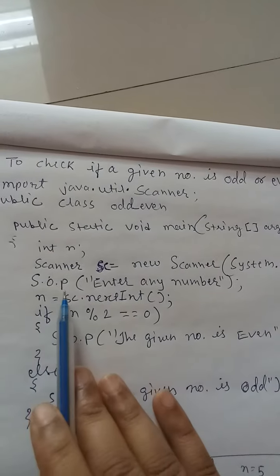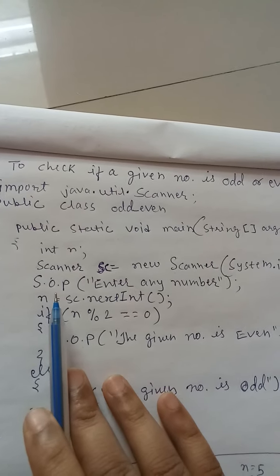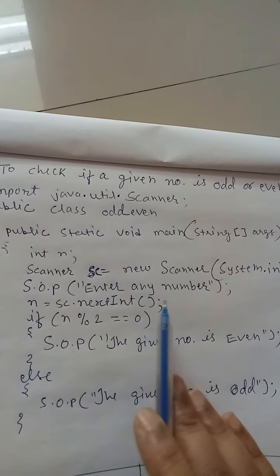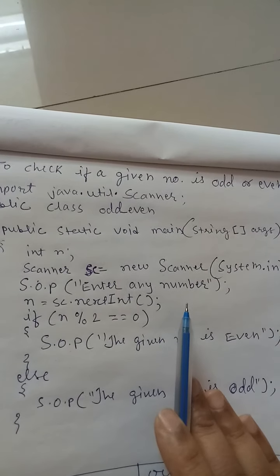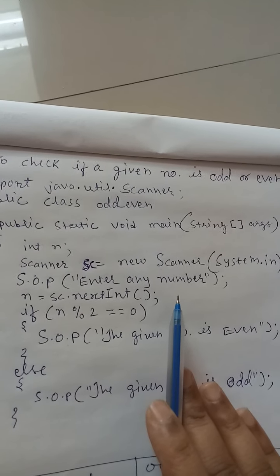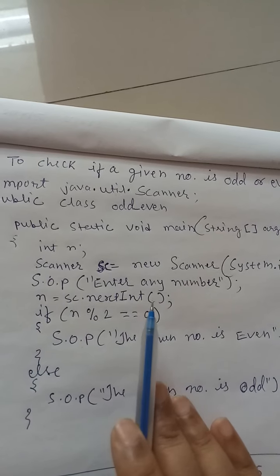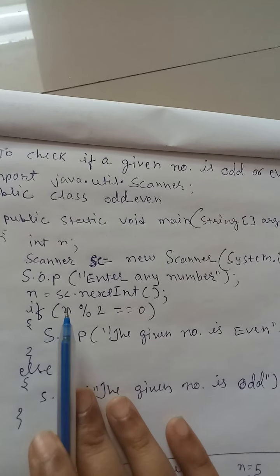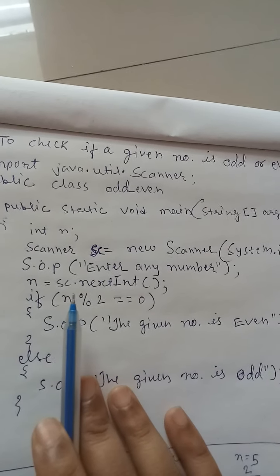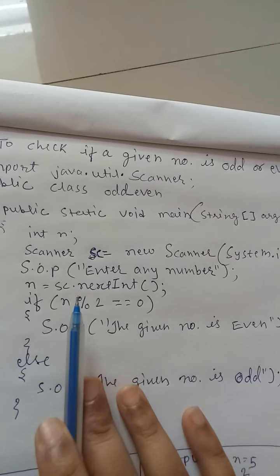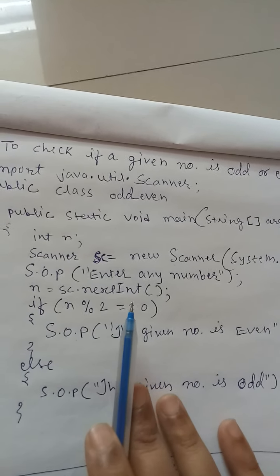Then simply we are asking the user, using SOP System.out.print, enter any number. So whatever value the user enters, we will store it into n using sc.nextInt. So here sc is the object of the Scanner class that we have already declared. Then after that I use dot and then nextInt.